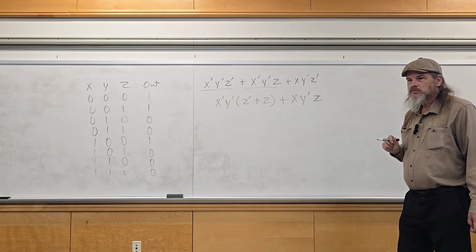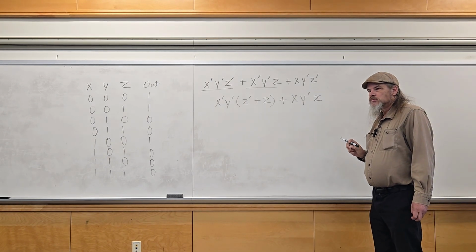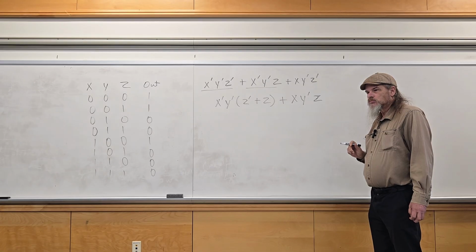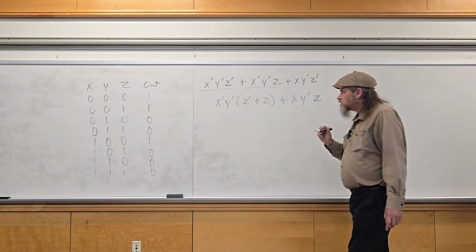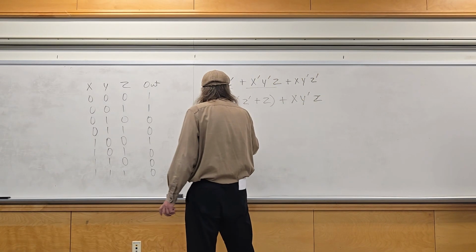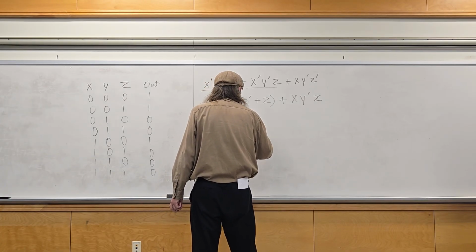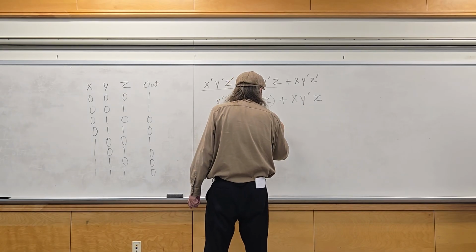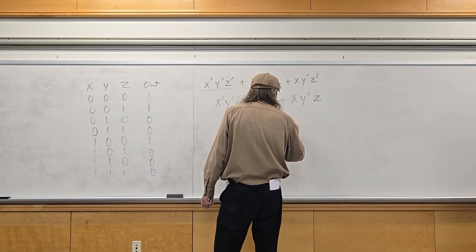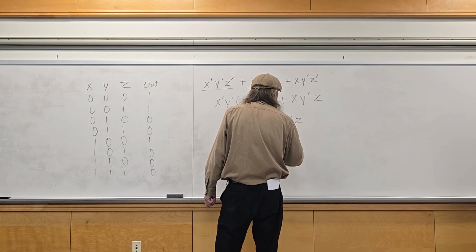What is that? One. So it'd be x prime, y prime, 1, or x, y prime, z.